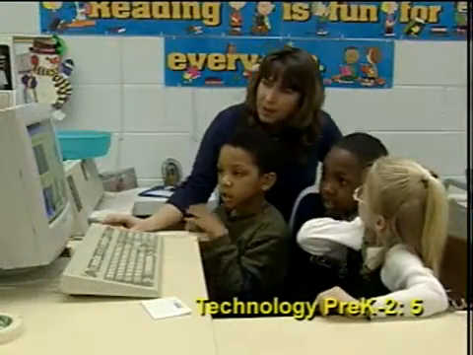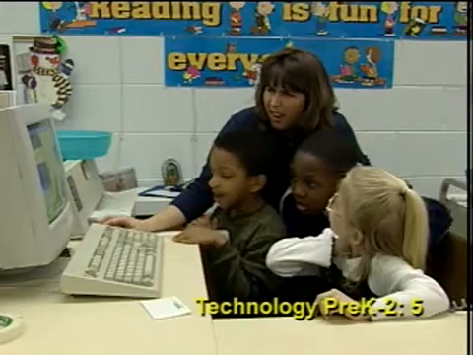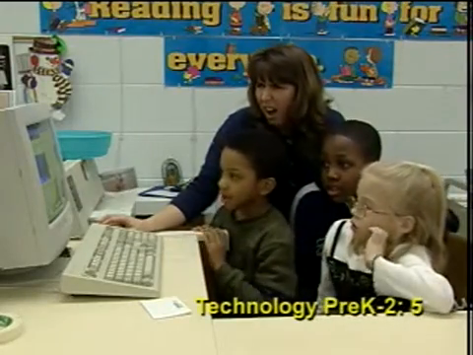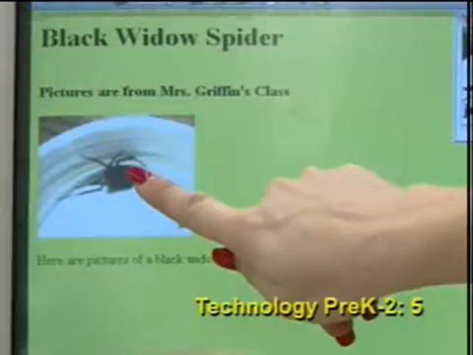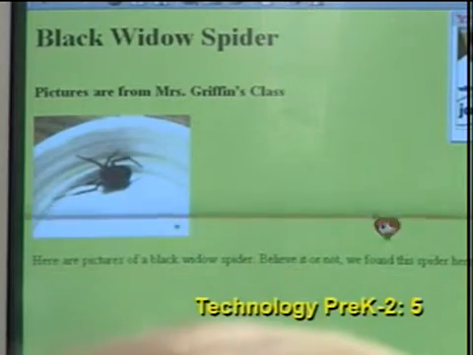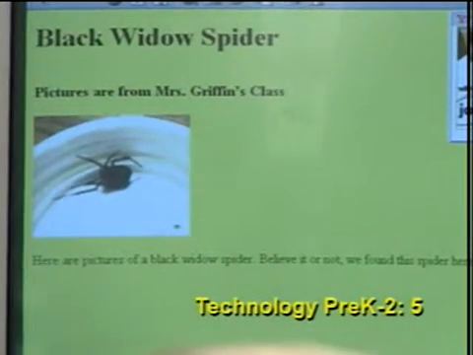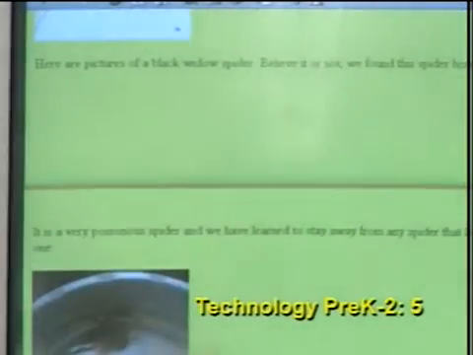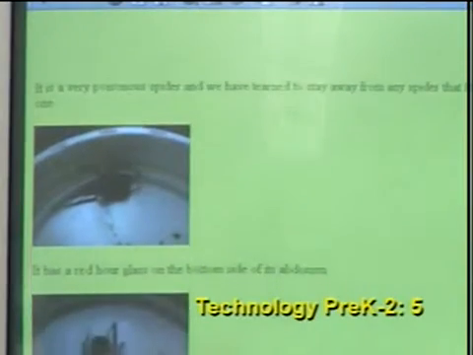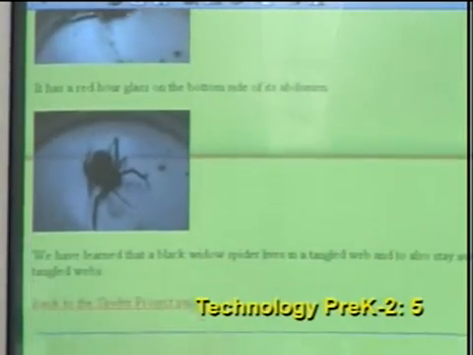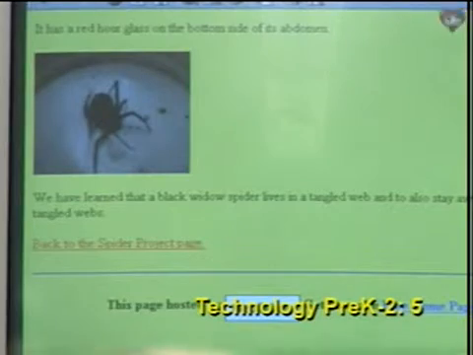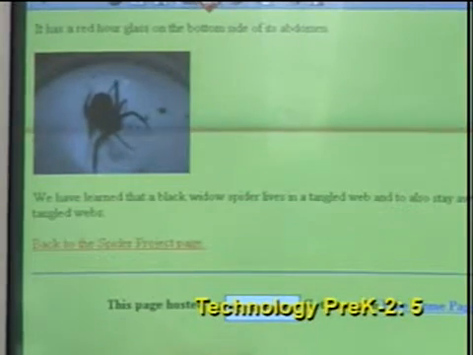The teacher has developed a website that allows her students to share information about different types of spiders with another kindergarten class from Missouri. The students check the website for pictures and new information posted by the students from Missouri. This activity integrates Technology Performance Indicator number 5 for grades pre-K through 2. The students work cooperatively with peers and others when using technology in the classroom.